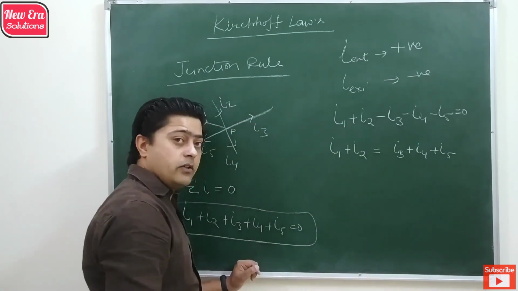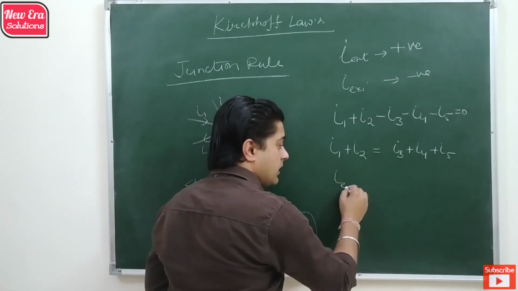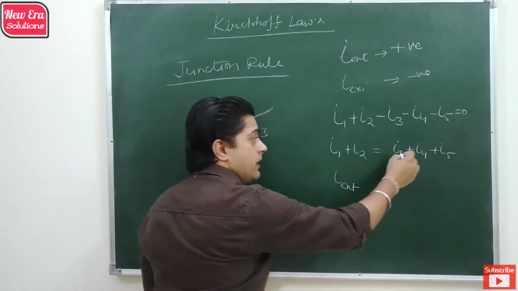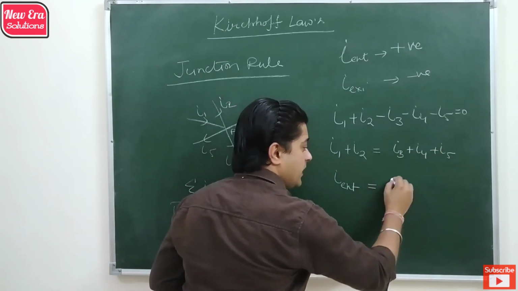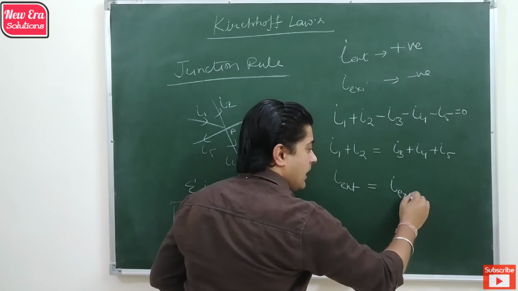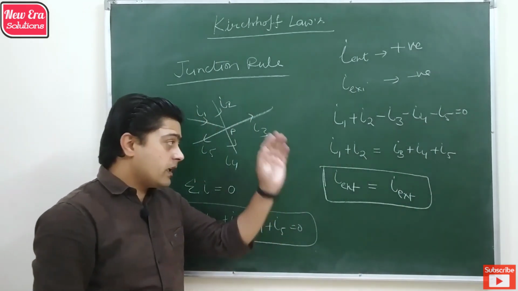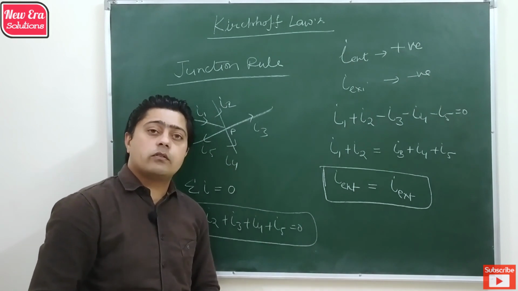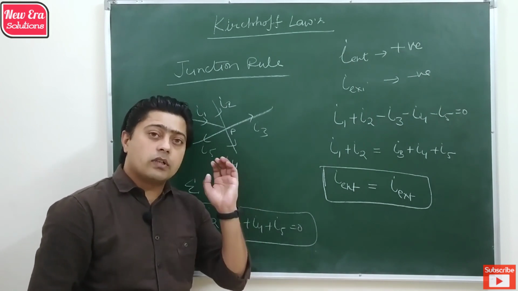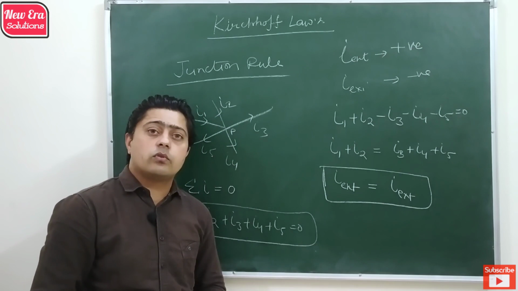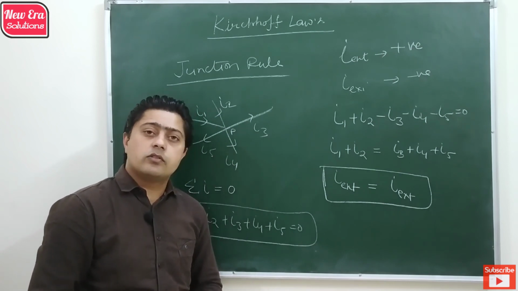I1 plus I2 is the total current entering and I3 plus I4 plus I5 is the total current exiting the junction. So we obtain another form of Kirchhoff's first law: the total current entering is equal to the total current leaving the junction.